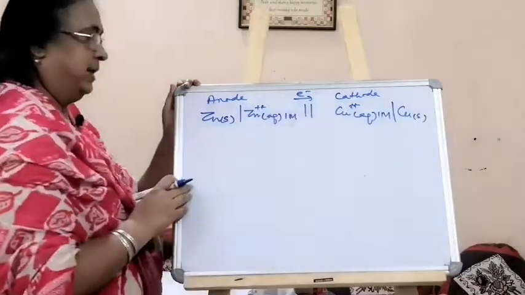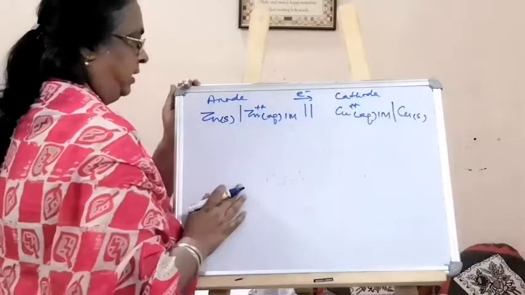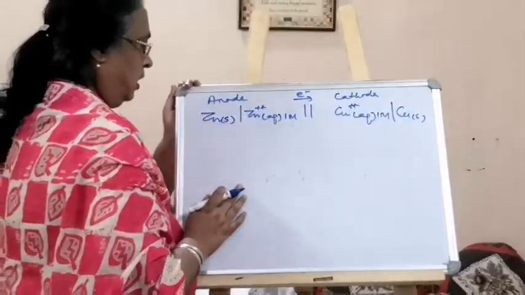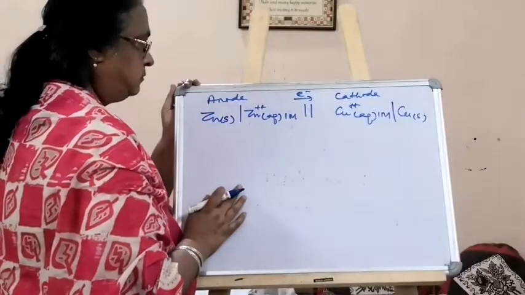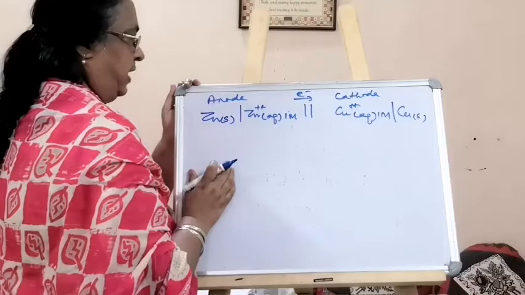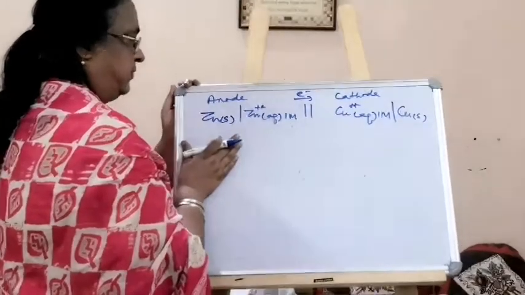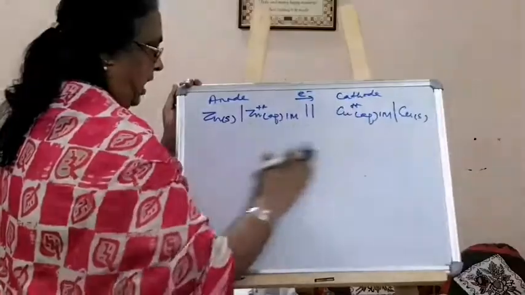So this is galvanic cell, and in this whatever reading you get on the voltmeter, that is the net cell potential which you get. You don't get either the electrode potential of this half cell or of that half cell.